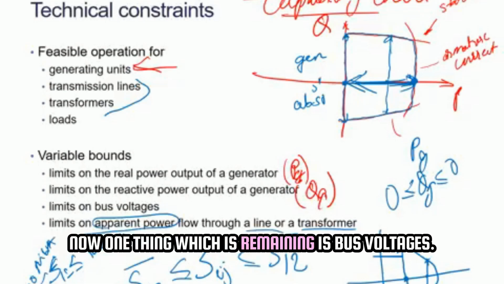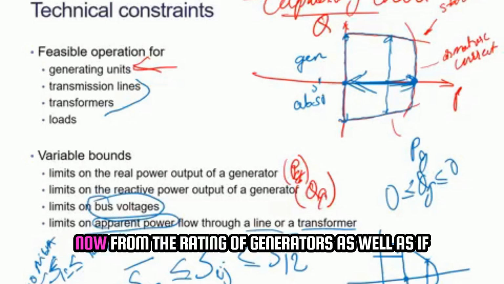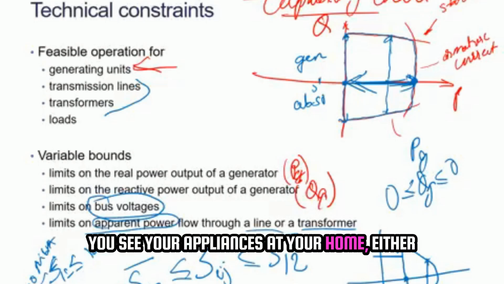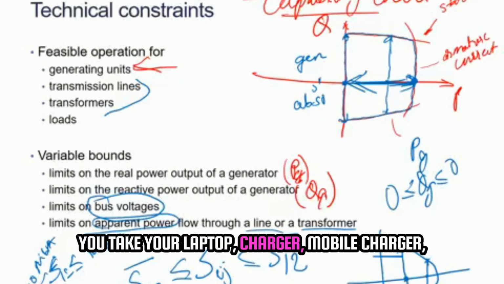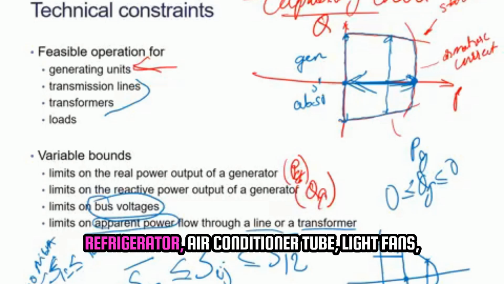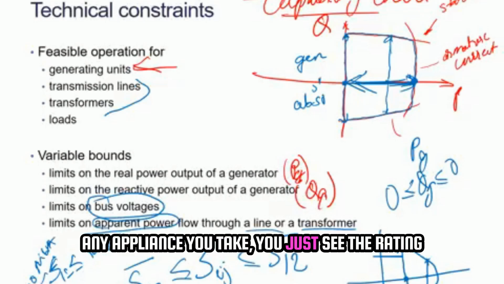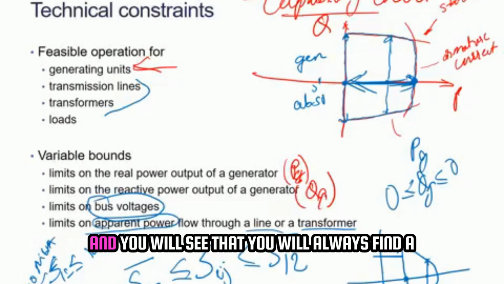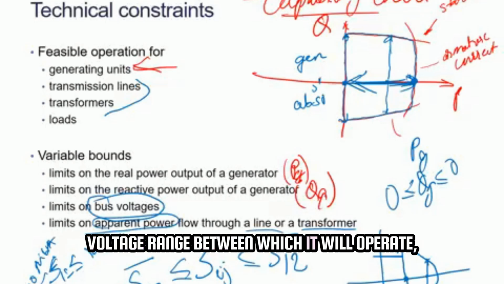Now, one thing which is remaining is bus voltages. From the rating of generators, as well as if you see your appliances at home, whether your laptop charger, mobile charger, refrigerator, air conditioner, tube light, fans, any appliance, you just see the rating and you will always find a voltage range between which it will operate.